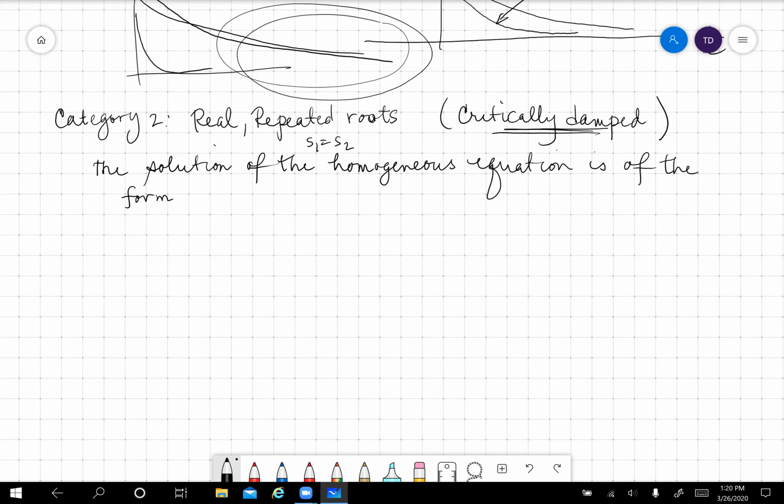For argument's sake, I'm just going to use S1 because S1 and S2 are the same, so it doesn't matter. The solution is of the form x_h equals K1 plus K2 t, there are many ways to write it, I think you will find this to be the best way, times e to the S1 t.